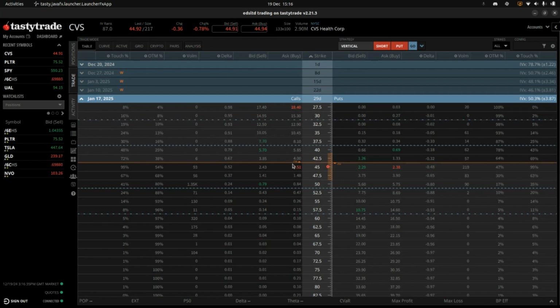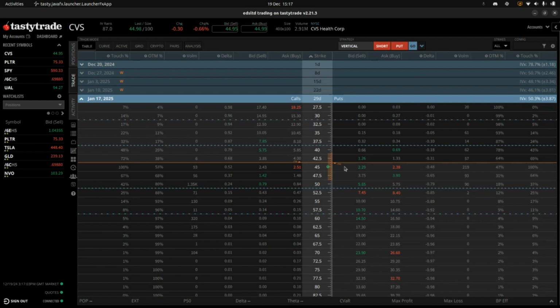So this orange horizontal line shows us where the price of CVS currently is with respect to the strikes. These are the strikes down the middle, and this vertical orange bar shows us where the expected move of CVS is over the next 29 days. So the market is expecting CVS to move within this orange bar here. So we can use this information as well as other things to craft our trade.